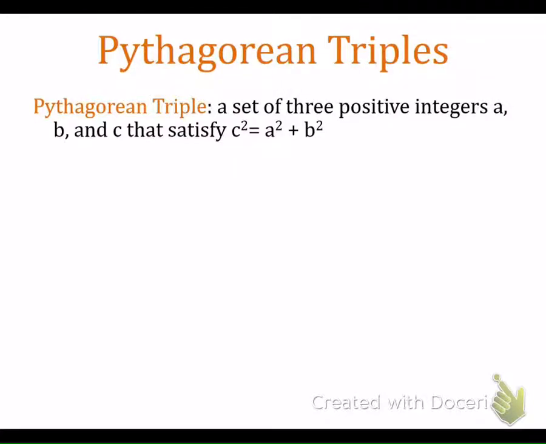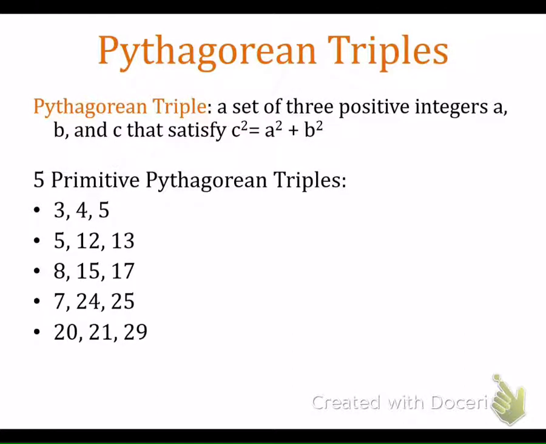So like the one we just had, those are all whole numbers, right? That was a Pythagorean triple. The first example we did, those all ended up being whole numbers. That was a version of a Pythagorean triple. It was a multiple of one of them. But basically, they are special numbers that work in the Pythagorean theorem.